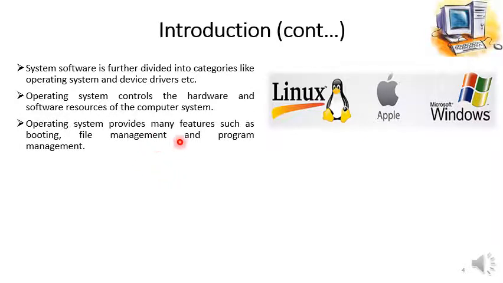The operating system provides many features such as booting, file management and program management. We will discuss the features or functions of the operating system in more detail in the coming lessons.